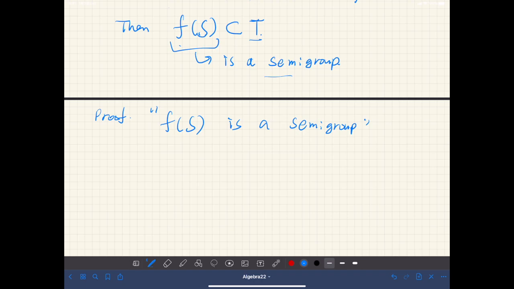In order to show a set is a semigroup, what we need to show is that the set is closed under multiplication, and also the multiplication is associative. First, let a and b be elements of f(S).